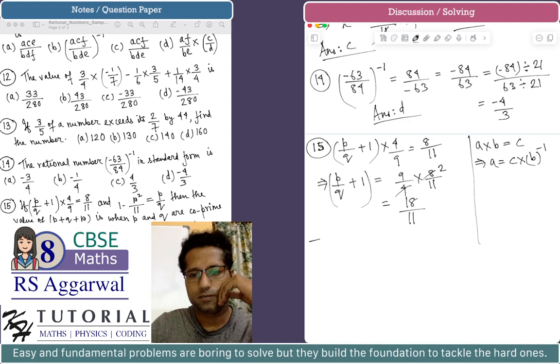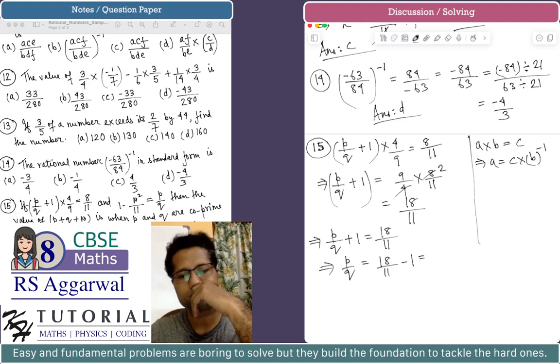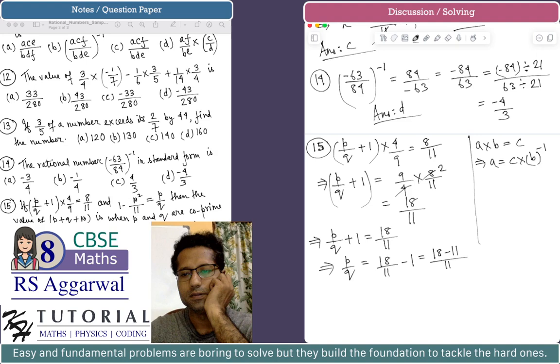So this implies that P by Q plus 1 is equal to 18 by 11. From here we can obviously say P by Q is equal to 18 by 11 minus 1. This is equal to 18 minus 11 by 11. This is equal to 7 by 11.